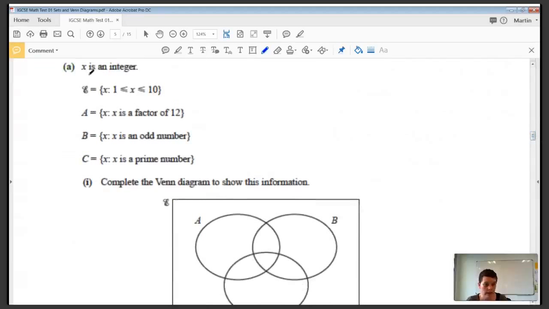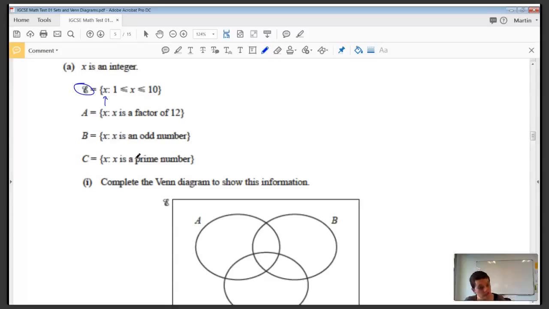We are told that x is an integer. So remember, you're thinking just of your numbers, 1, 2, 3, 4, 5, 6, 7, 8, 9, 10. Okay. We're told that our universal set, there's our squiggly E, is a set of, and here they're defining x for us, 1 less than or equal to x less than or equal to 10. They then give us other sets, A, B, and C. And they give us information about each of them.